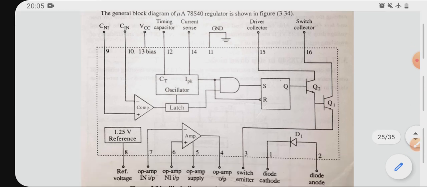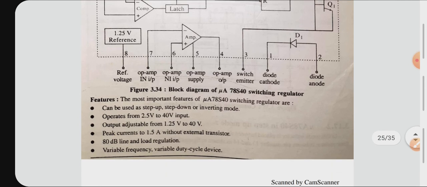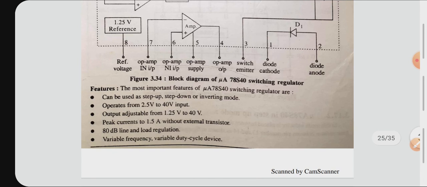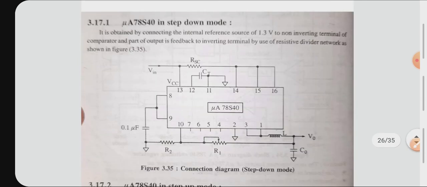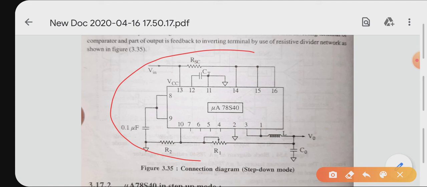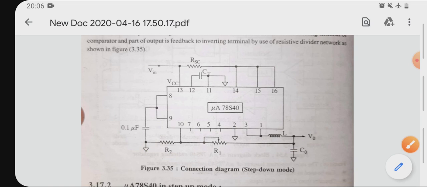So this is the internal block diagram of the IC 78S40 switching regulator, and these are some features mentioned here which we have already discussed. Now, as I told you, it can be designed into two modes, step down mode and step up mode. So this is the circuit diagram for step down mode. You have to remember this circuit diagram after solving the problem.